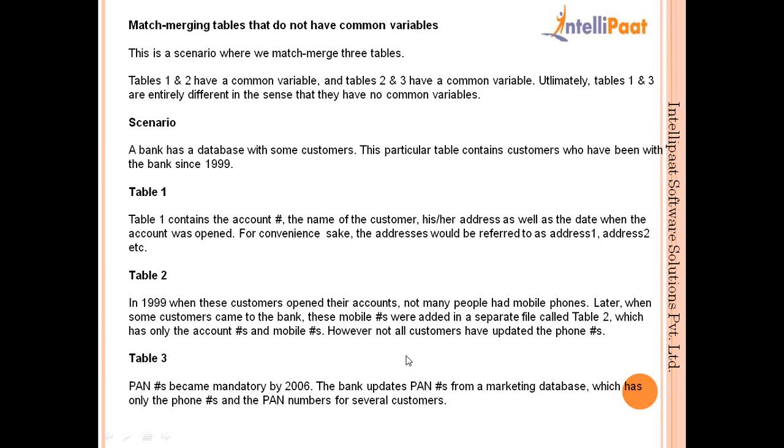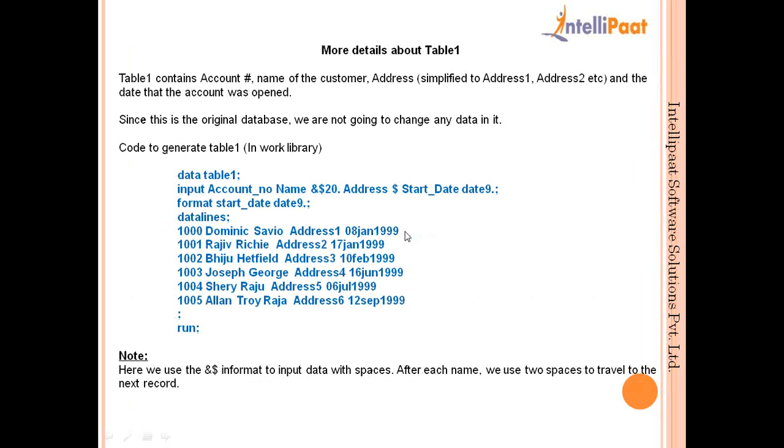In table 3, we have the PAN numbers, which became mandatory by 2006. The bank updates PAN numbers from a marketing database, which has only the phone numbers and PAN numbers for several customers. So this is how we can create these tables and update, following the same scenario.